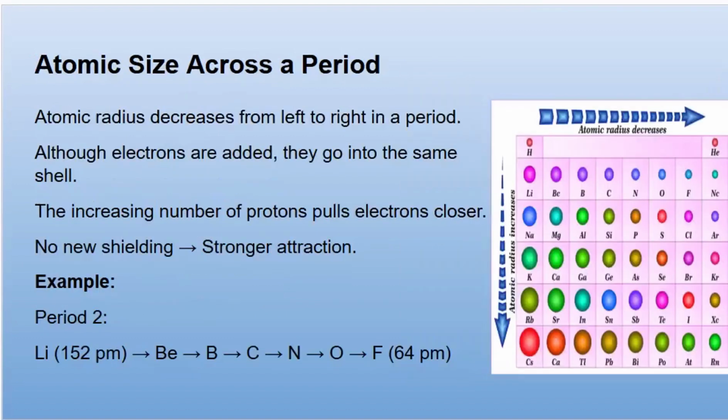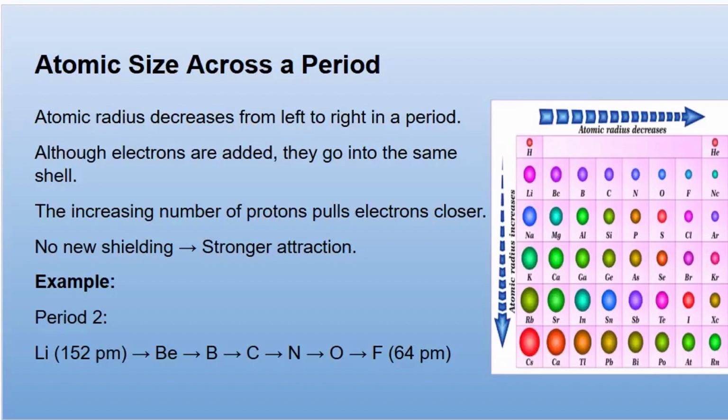Now let's move to the trends in the periodic table. When we go across a period, that's from left to right, atomic size actually gets smaller. Surprising, right? Why? Here's the reason. More protons are added to the nucleus, more electrons are added too, but they all go in the same shell. No extra shielding happens, so the pull from the nucleus gets stronger.